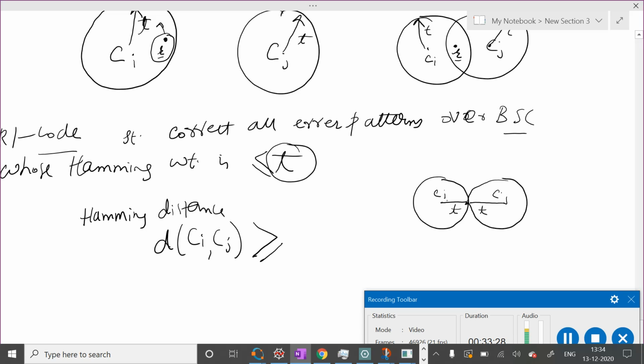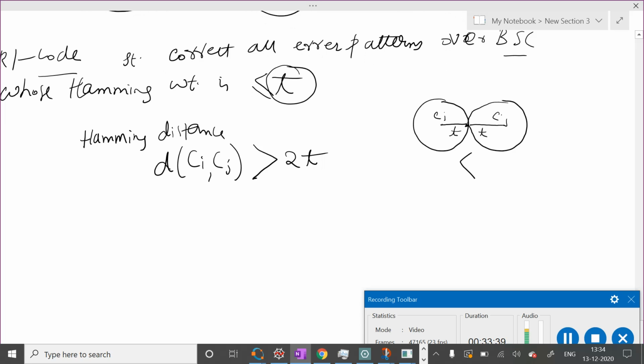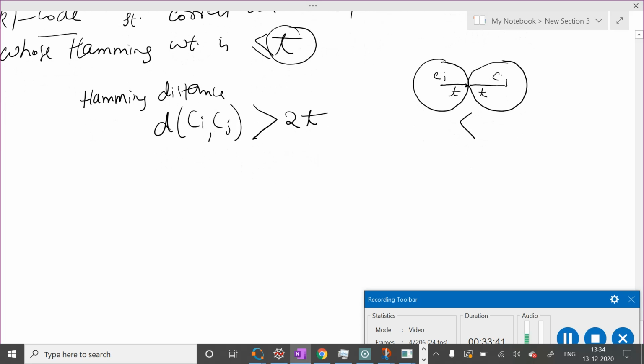Actually it should be strictly greater than 2t, right? If it is less than 2t, there will be an intersection, and we may not be able to correct all the errors. So in particular, it will be greater than or equal to 2t plus 1, because we are dealing here with binary bits, so we are counting them. If it is greater than 2t, then it has to be greater than or equal to 2t plus 1.